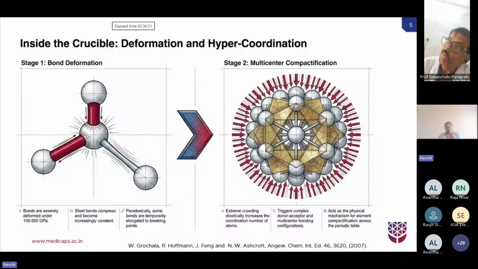This crowding first alters the orbitals of the system, and once this rearrangement of orbitals occurs, it leads to changes in their coordination number, and that change is positive, meaning it increases. That increase in coordination number leads to the formation of several new metallic polycenter or multicenter complexes under high pressure, which is not possible under free condition.